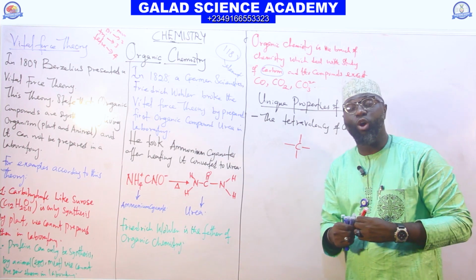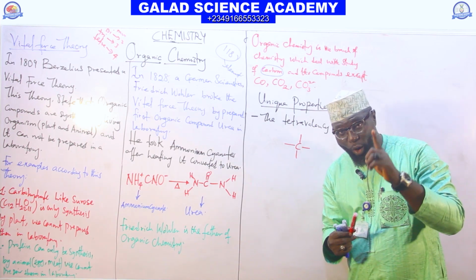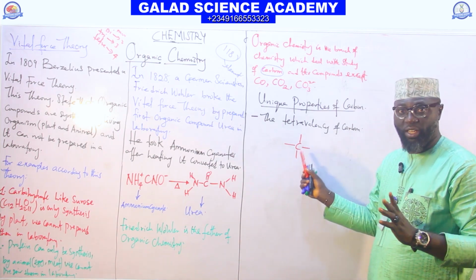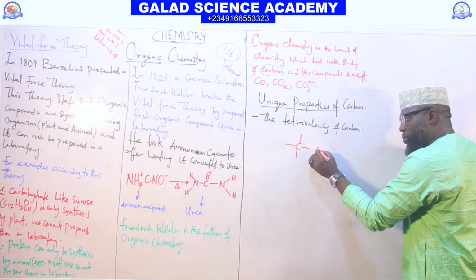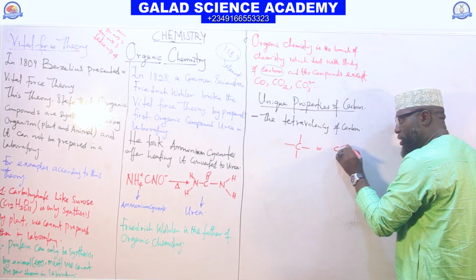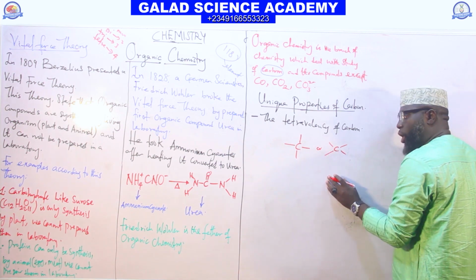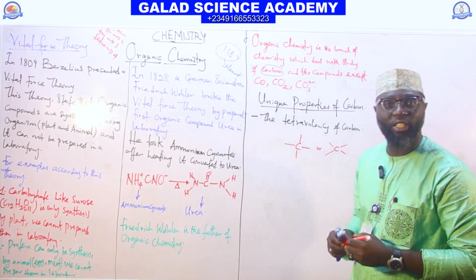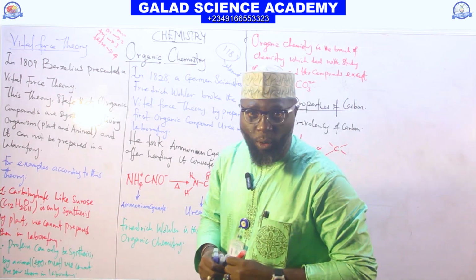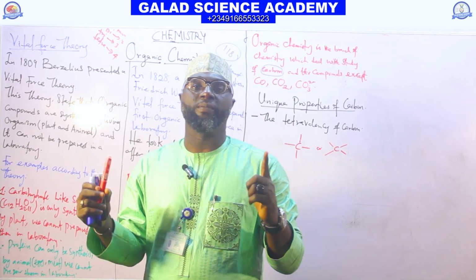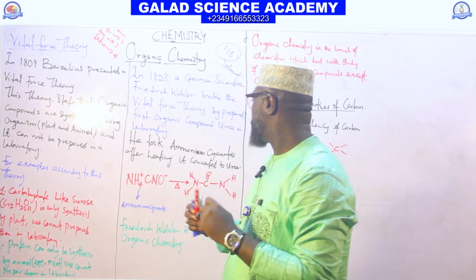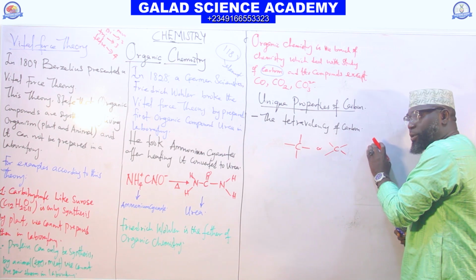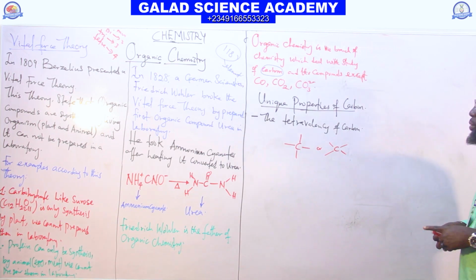Whenever we are drawing the structure of carbon, 4 bonds must attach to it. You can draw it in this form or in this form. All I know is 4 bonds must attach to carbon after bonding. This is the only element that has this property.